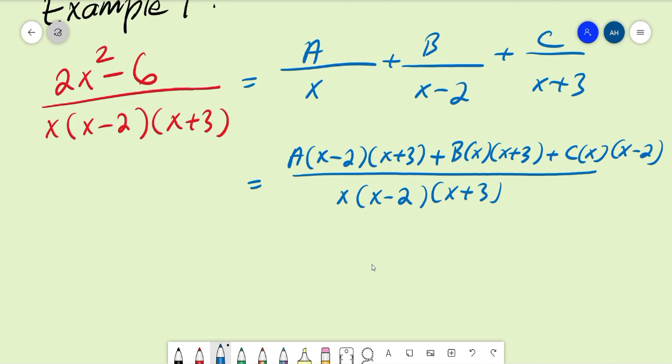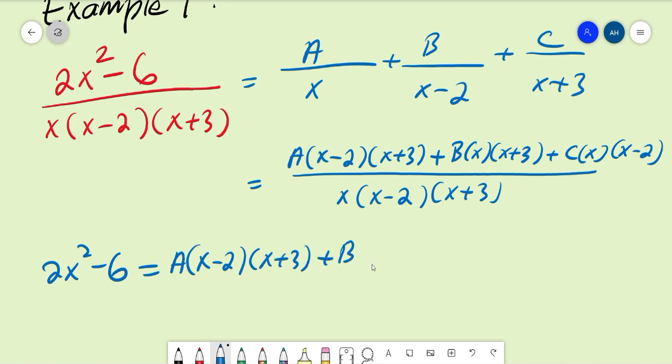So we have 2x squared minus 6 equal to a multiplied by x minus 2, x plus 3, plus b multiplied by x and x plus 3, plus c multiplied by x and x minus 2, like that.